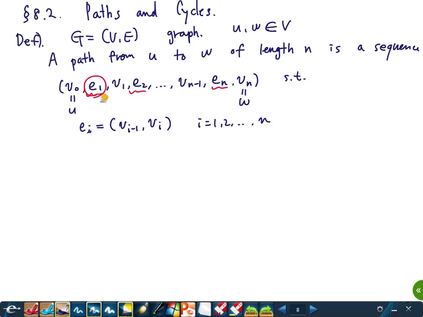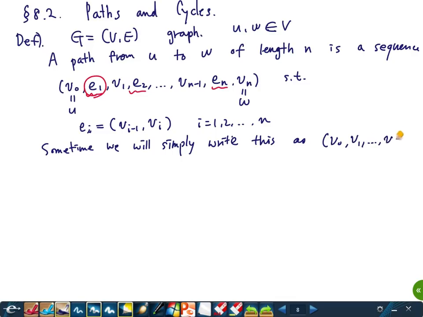Sometimes it's kind of redundant, because we know that this is a vertex and this is an edge between this and this. Sometimes we will simply write this sequence using just vertices, V0, V1, ..., Vn.